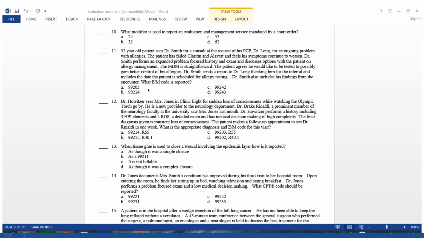It says problem-focused exam and low medical decision making. Out of those 3 codes to choose from, which one has low medical decision making and a problem-focused exam? The answer's in the box. We are E&M coding. Correct. So number 14, correct answer is B as in boy.